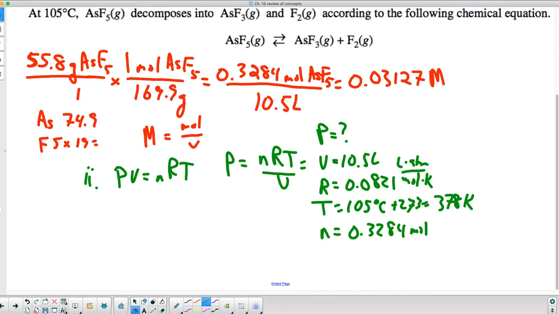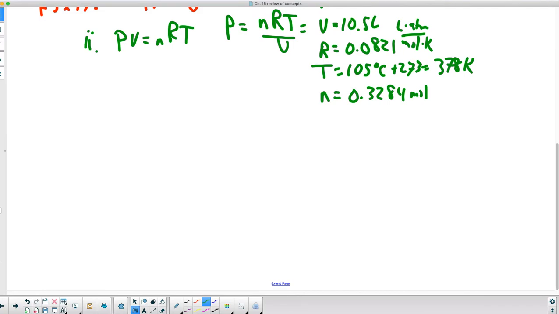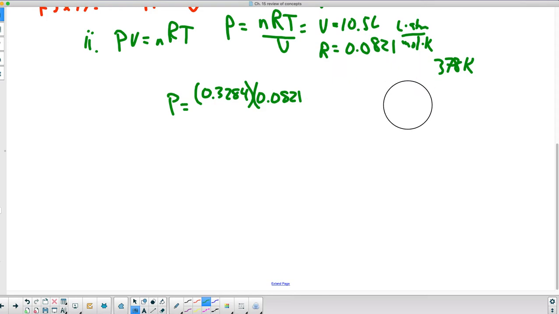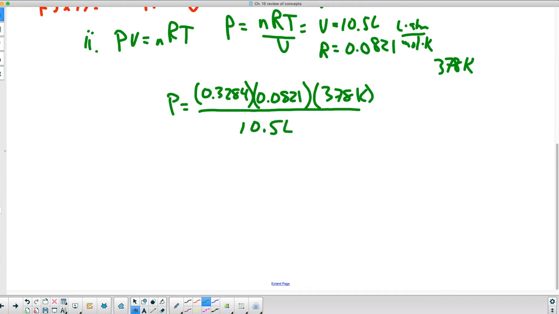So let's plug all of that in. P equals 0.3284 times R, times 378 Kelvin, all of that divided by 10.5 liters. So what does that equal?